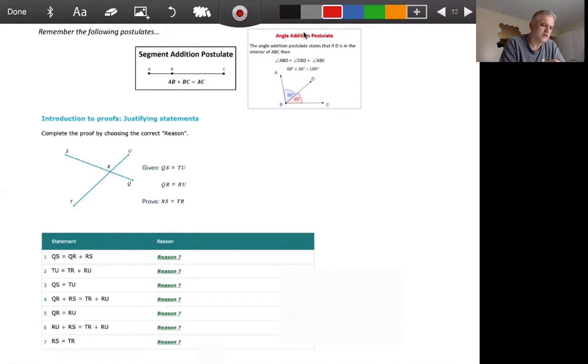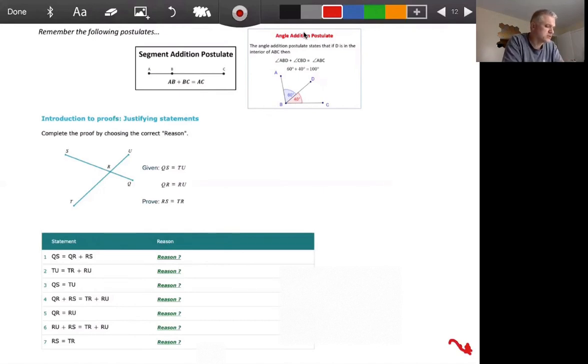If I take the angle ABD and I add it to the angle CBD, then I add those two measures together, and I get angle ABC, as it says right there. So some of the proofs in this topic, in this practice, will have segment addition stuff, and some of them will have angle addition stuff. So just a heads up there.